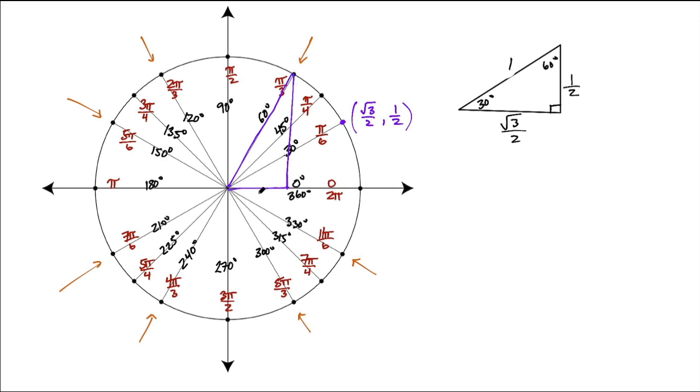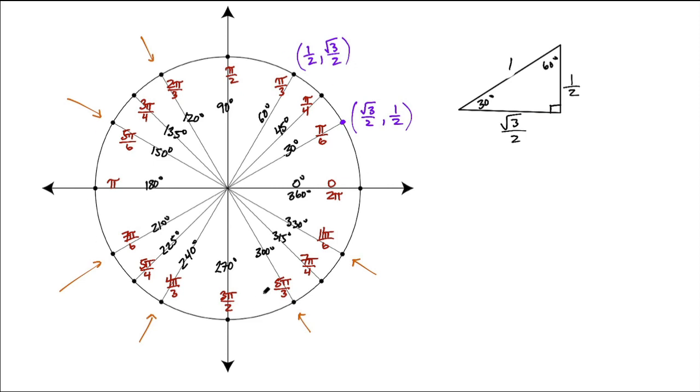So opposite the 30 would be the 1/2 length, and then this side here would be the square root of 3 over 2 length. And that gives us this point here. That would be 1/2, square root of 3 over 2. And you can see that we just flipped those coordinates there, which makes sense, right? And so we can continue in this manner all the way around the circle.